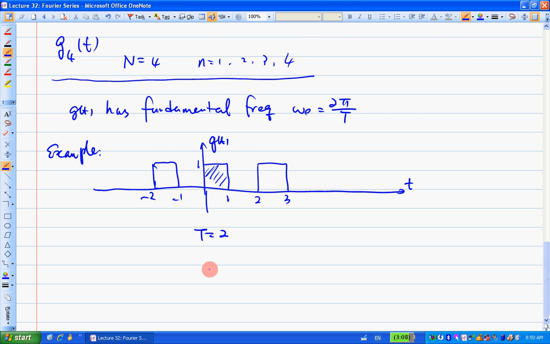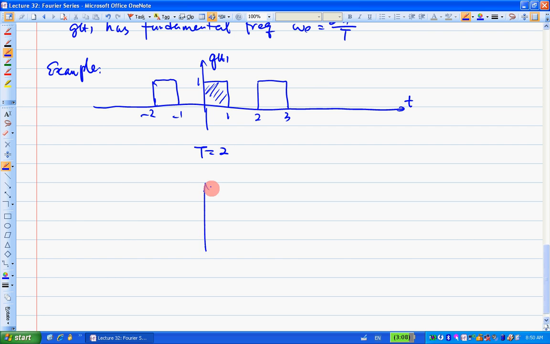For one of the examples that I did in one of the assignments, let's say, just aside from this example, maybe I have a sawtooth function like this.